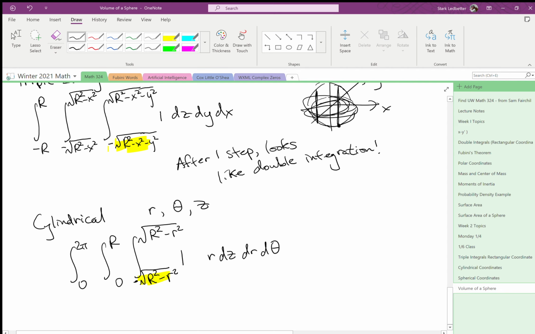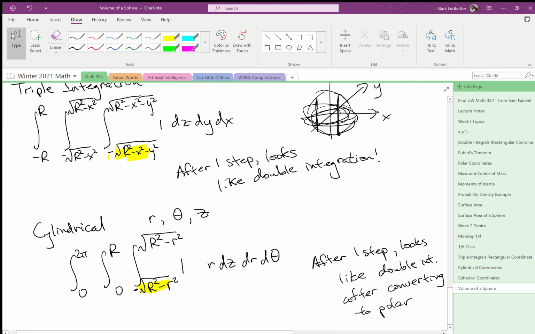And then after one step, it looks like where we got in our double integration after converting to polar. So maybe we saved a little bit of overhead up front by just thinking about this in cylindrical, which is basically polar.